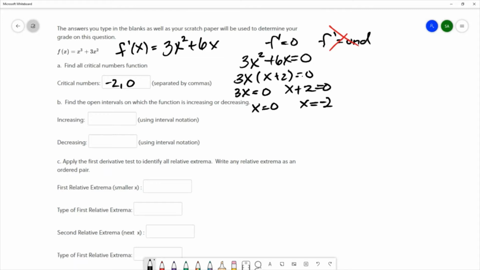In the next part, it says find the open intervals on which the function is increasing or decreasing. So we're going to build a chart, and we're going to put our critical numbers on the chart. We're going to select test values in each one of those intervals.